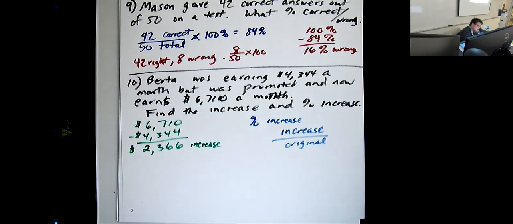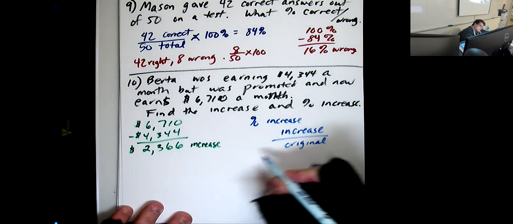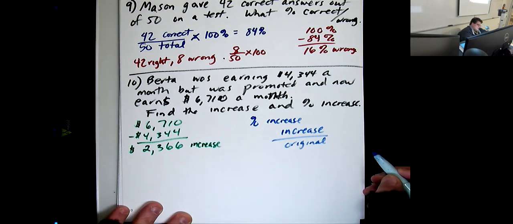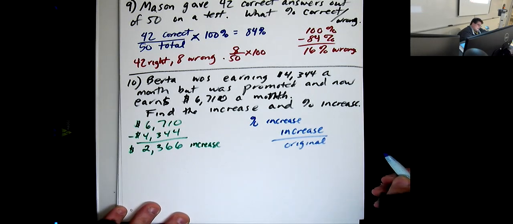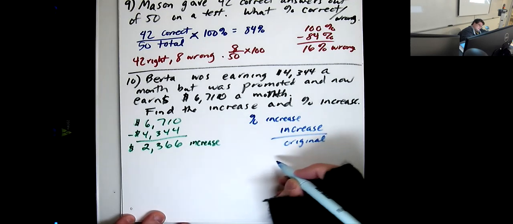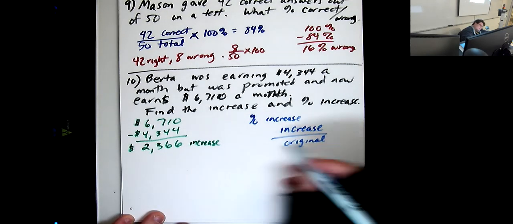This is going to be a little over 50%, looks like. Over or under 55? It'll be under 55. Maybe 51, no, 52.